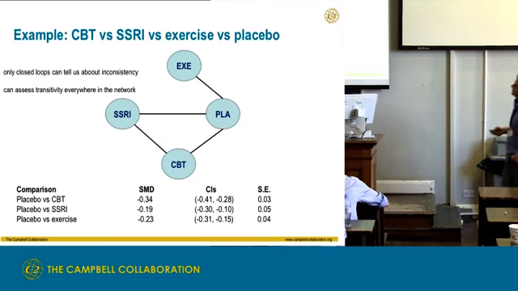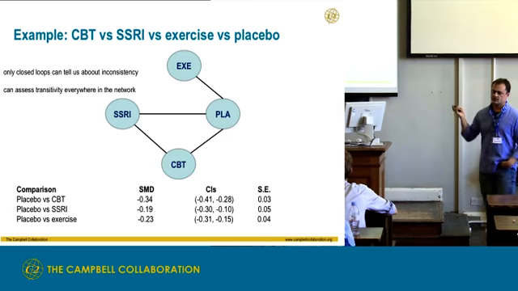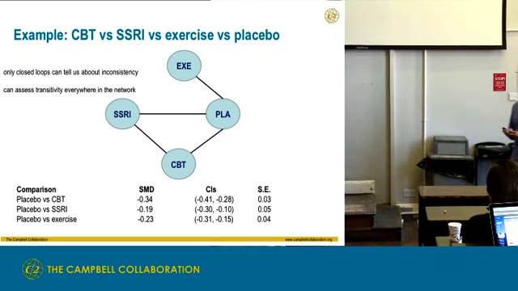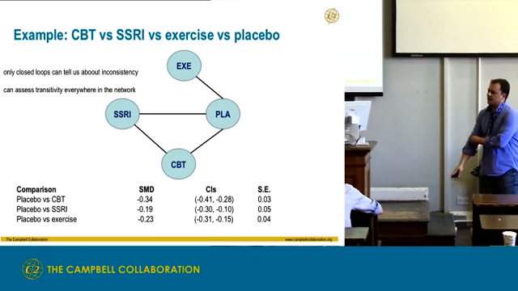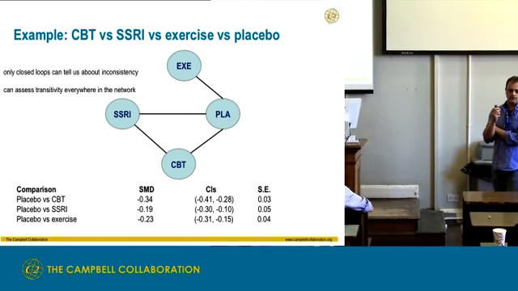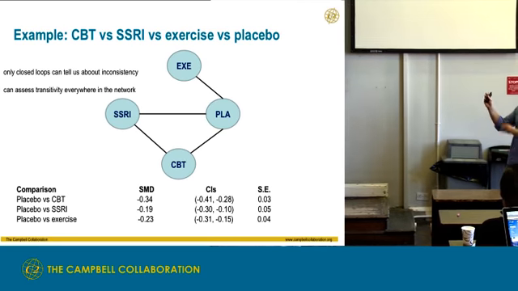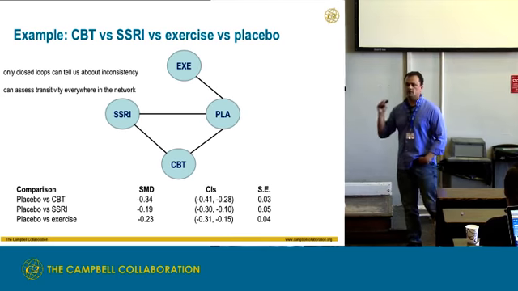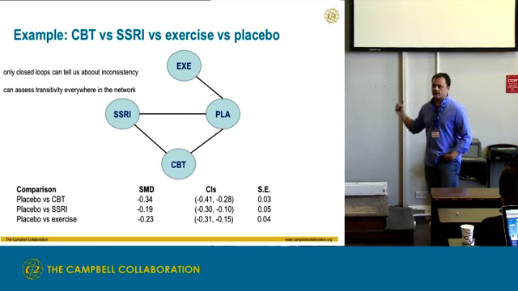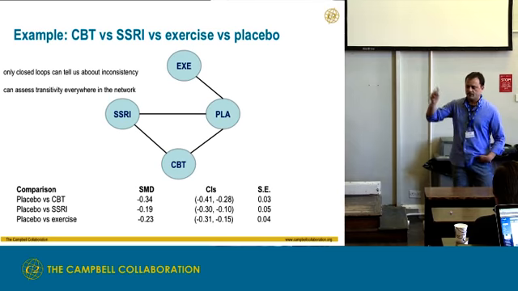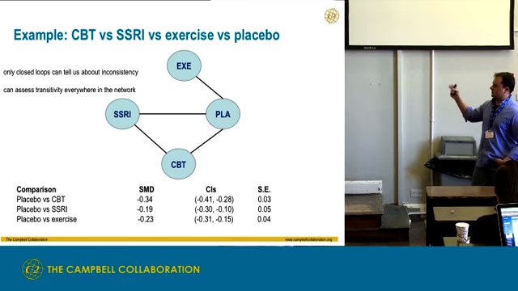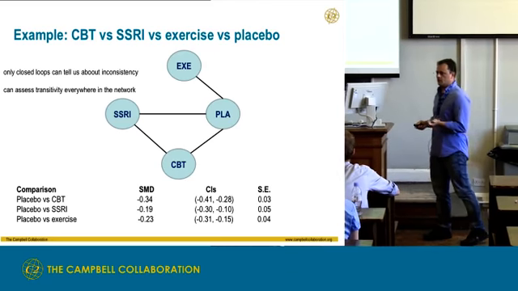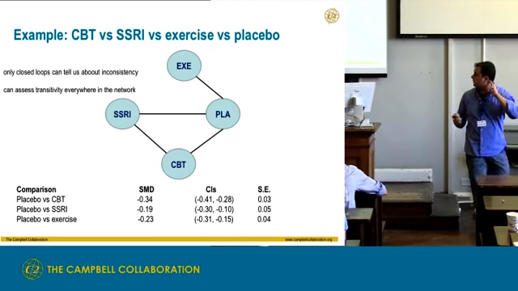So I have an example here. It's placebo, exercise, SSRI, and CBT. How many indirect estimates can I get here? In order to get an indirect estimate, you need a closed loop. So if I have A, B, and C, and I want to get an indirect estimate from B and C, I need both of them to be compared to A. So I need a closed loop.